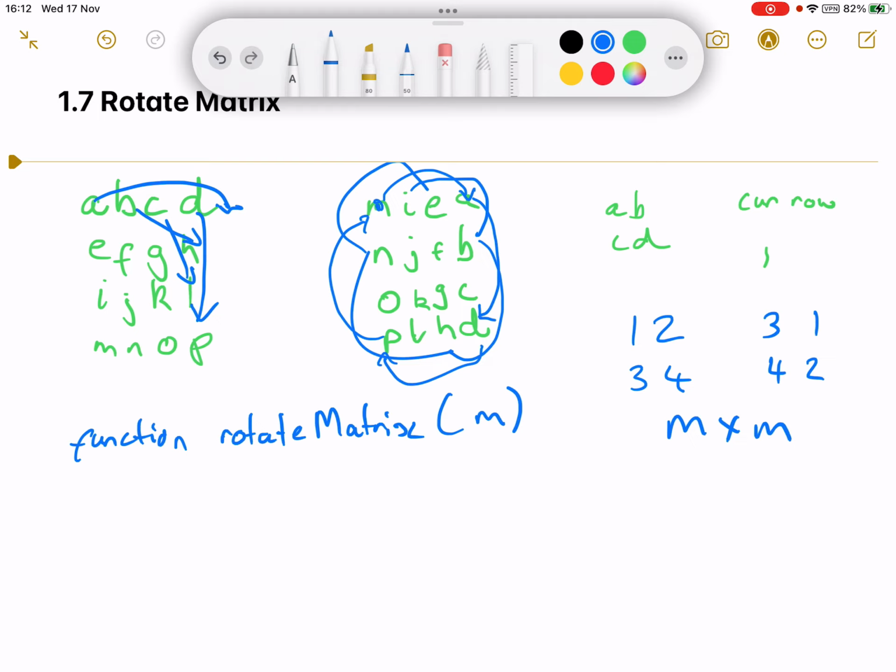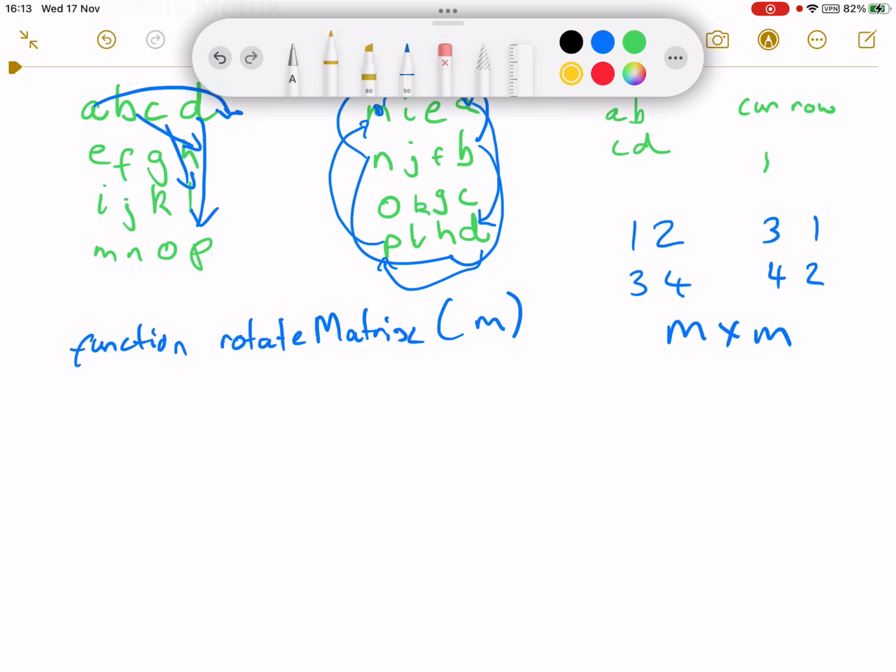What if we had 3 things? G, E, F, G, H, I. You need to go up to the midpoint. We loop up to the midpoint. So that goes here. That goes here. That goes here.